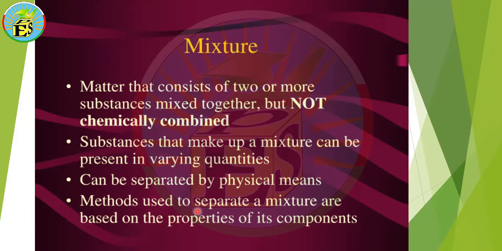Methods used to separate mixtures are based on the properties of its components, right? If we have a mixture of iron, salt and sand, we look at the properties of each substance. For a metal like iron, we can use a magnet because it is magnetic. Salt dissolves in water, so I can separate it by evaporation.